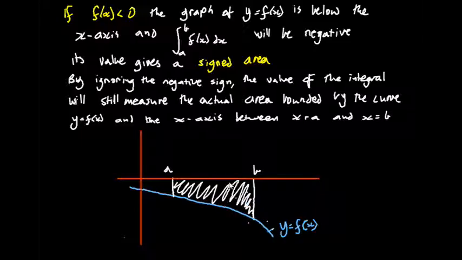So before I had positive 12, but if the area was actually negative 12, it just gives a value for a signed area. So by ignoring the negative sign, the value of the integral will still measure the actual area. It's just that it's below the x-axis.